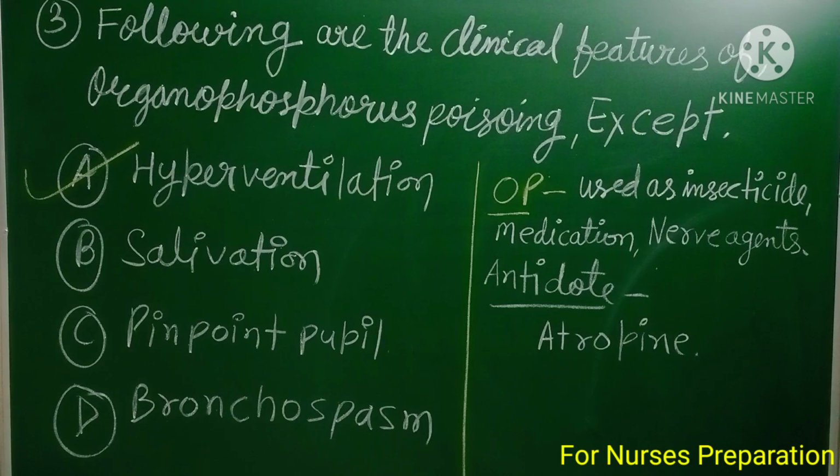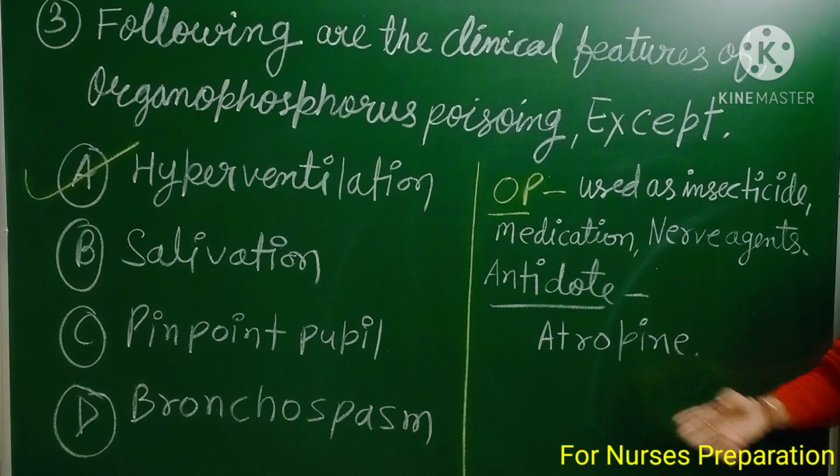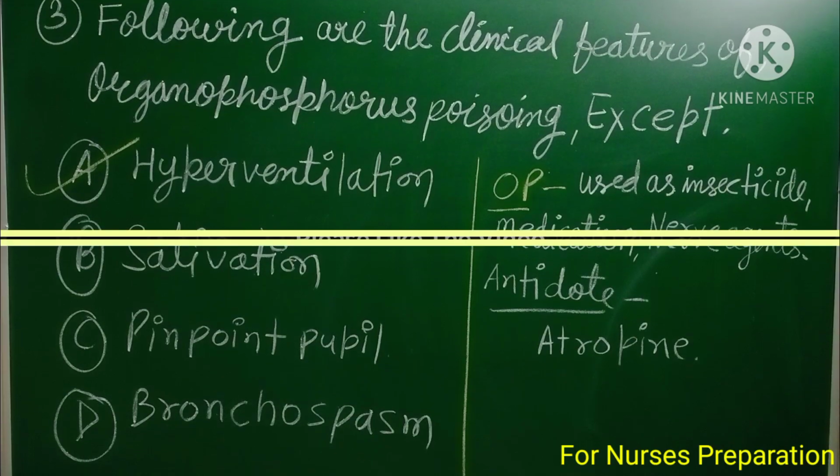Another important question, what is the antidote of organophosphorus poisoning? You can say atropine. Atropine is an antidote of organophosphorus poisoning. You can take a screenshot for your revision.